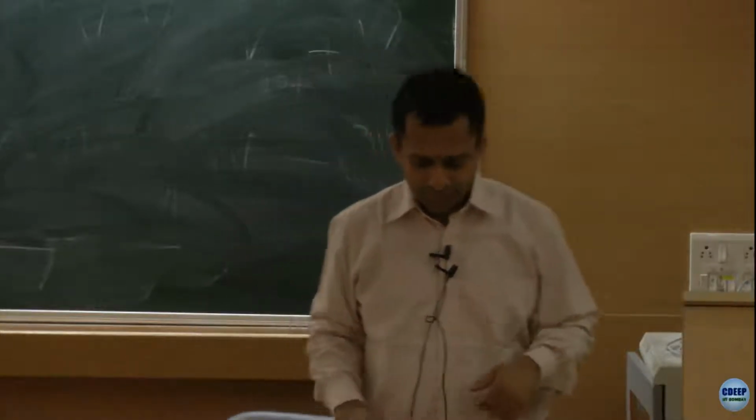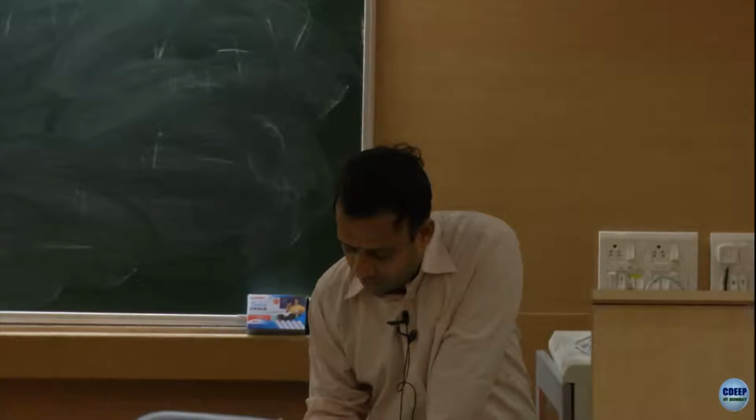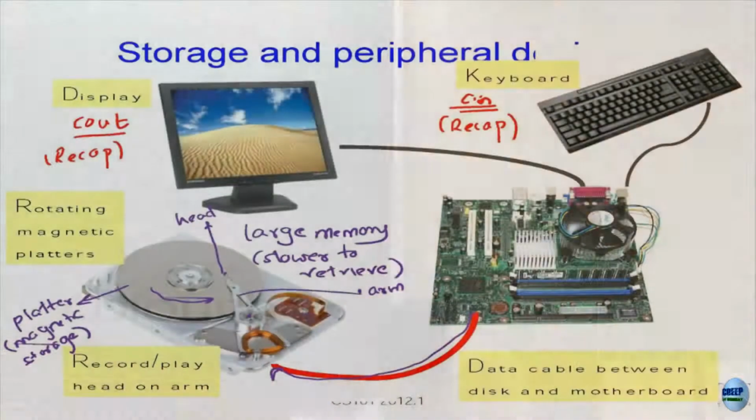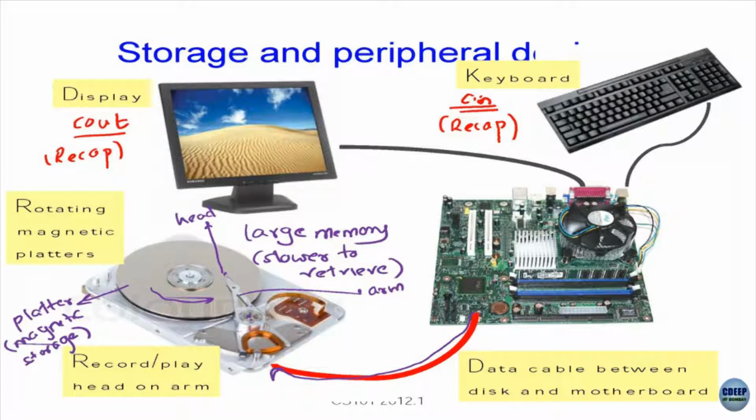Of course, the motherboard also needs to interface with the keyboard. You recall from the intro lecture that we used cin, which came from the keyboard, and cout, which corresponded to the display. Is this fine?